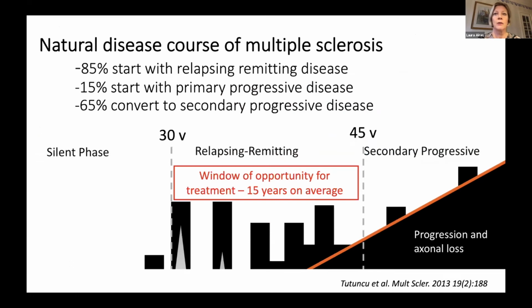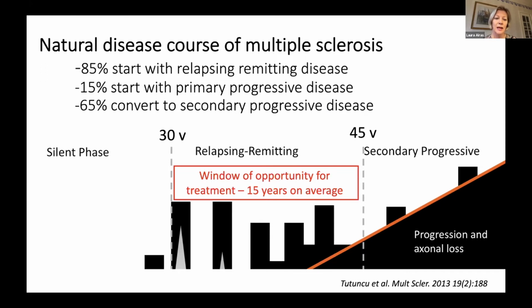As I said earlier, MS patients are 30 years old on average when they get the diagnosis of relapsing remitting MS. And more than 60% of the patients convert to a secondary progressive disease on average at the age of 45. So we have very good treatments for the relapsing disease, but not much to offer to patients as they convert to secondary progression.